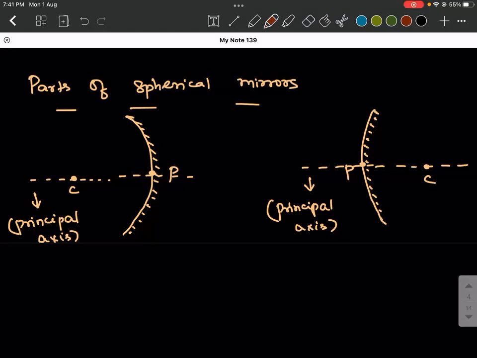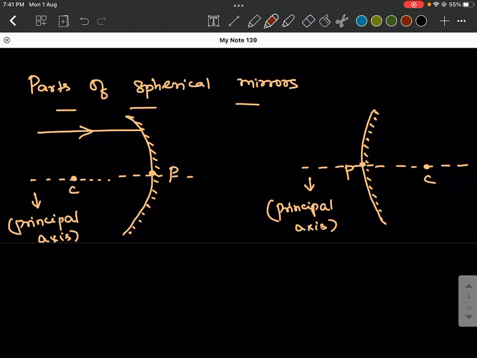When the source is at infinity, what will happen? When a ray is taken parallel to the principal axis, then after reflection, what will happen to it? It will pass through a point on the principal axis itself, which is called the focus.